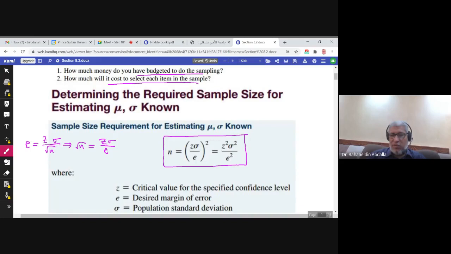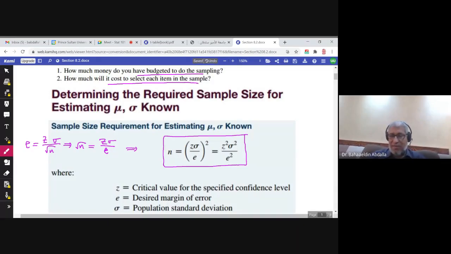If you raise both sides to the power 2, you will have n equals (z sigma over e) to the power 2, or z square sigma square over e square. So if you want to determine the minimum sample size n required, you multiply z square times sigma square over e square.